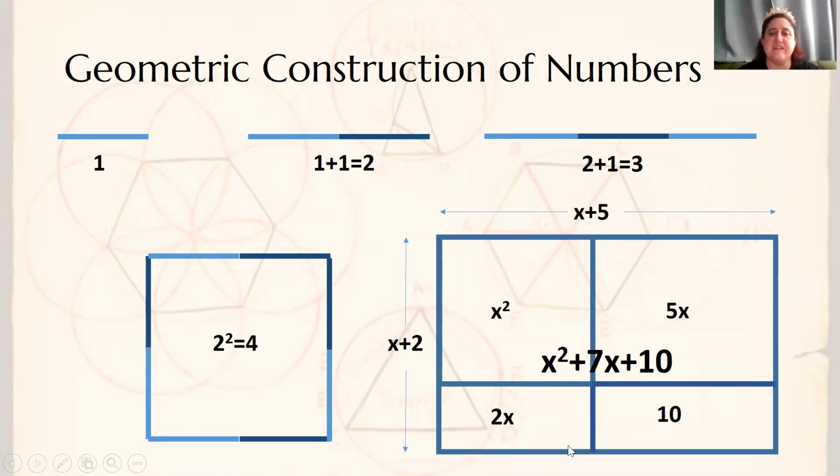And then we'd break it down into these 4 regions. This one's x squared. This one's these additional 5 times x. This one's the additional 2 times x. And then this one is 2 times 5, which is 10. And so when you add all that up, we would put it in our notation today: x squared plus 7x plus 10. But you can actually solve quadratic equations this way with a geometric diagram.